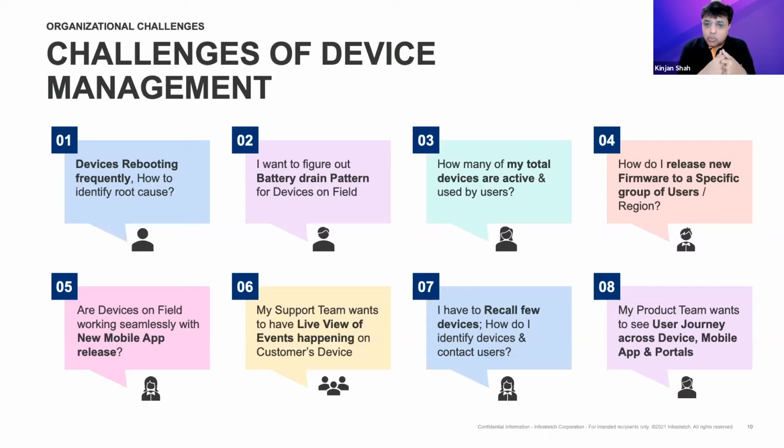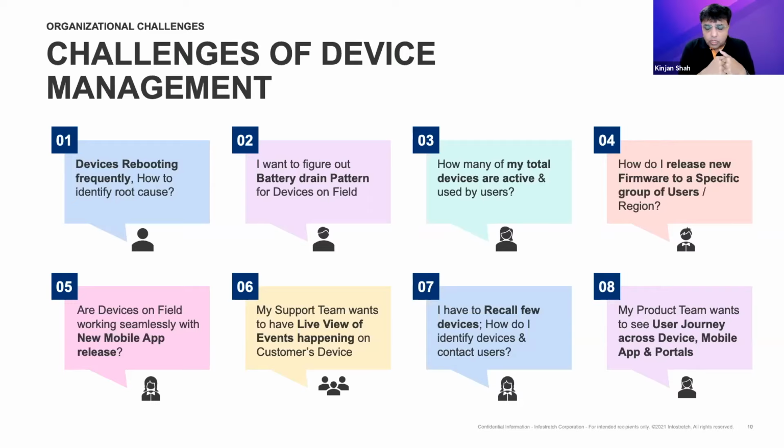So I was sold like 10,000 or 20,000 devices, but only 5,000 are active, and out of those 5,000, if 500 or 600 devices have some critical problems, that's a huge number versus 10,000 active devices. So that's one thing that we want to understand.